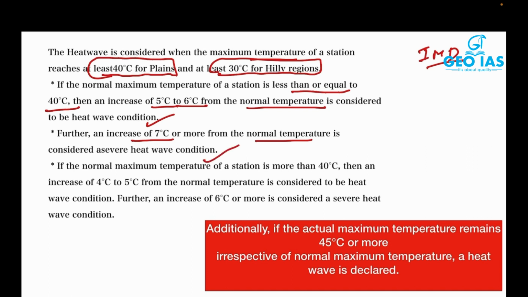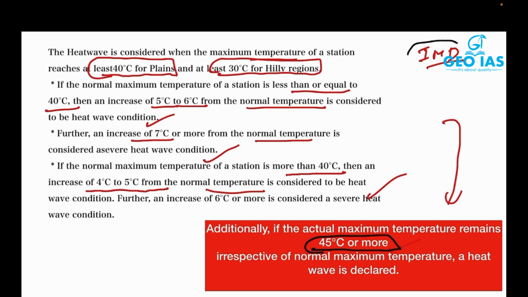So on an average, I can tell you that if the temperature of a local meteorological station is more than 40 degrees, and there is a rise of 4 to 5 degrees over the normal temperature, it is a heat wave condition. Irrespective of the location, if the maximum temperature reaches more than 45 degrees, then we can call that situation a heat wave.